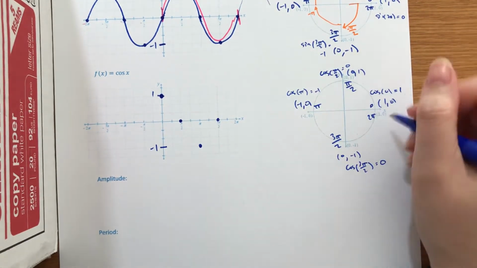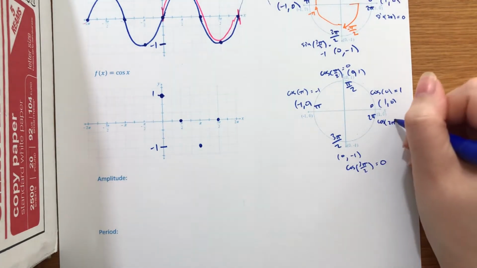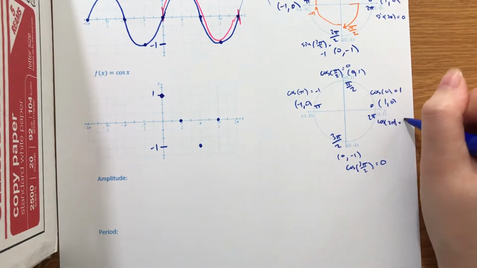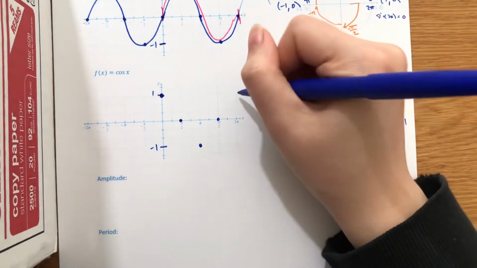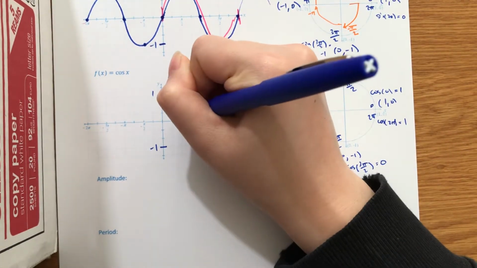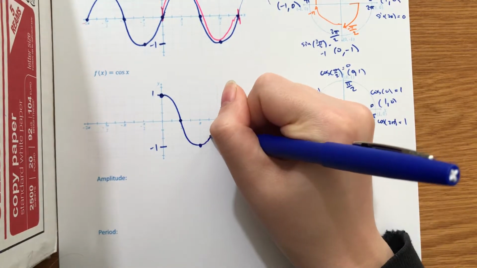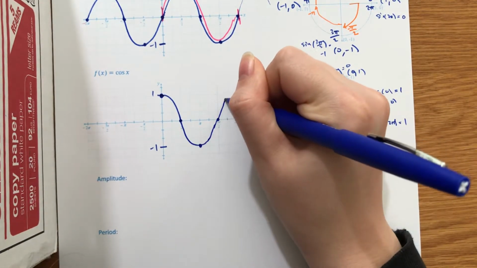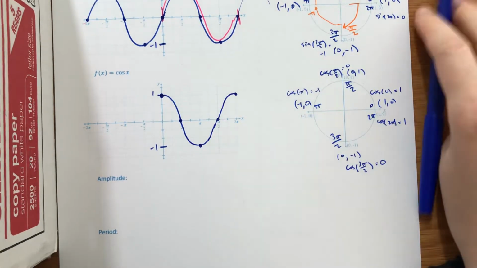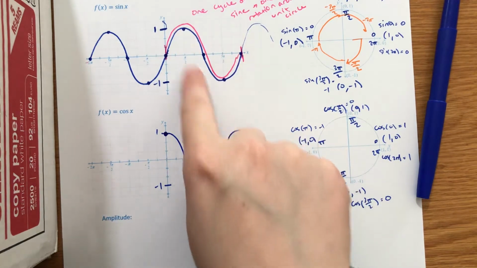And cosine at 2 pi, oh, I didn't do that one. Cosine at 2 pi over here, x value is 1. So then 2 pi is 1. So cosine looks like this, and it's very similar in shape. So what a cosine rotation is, it looks very much like this one, right?